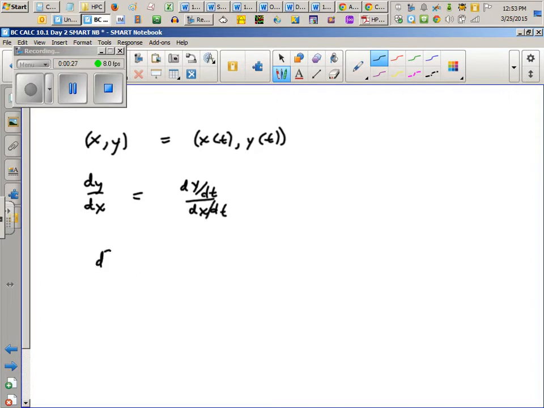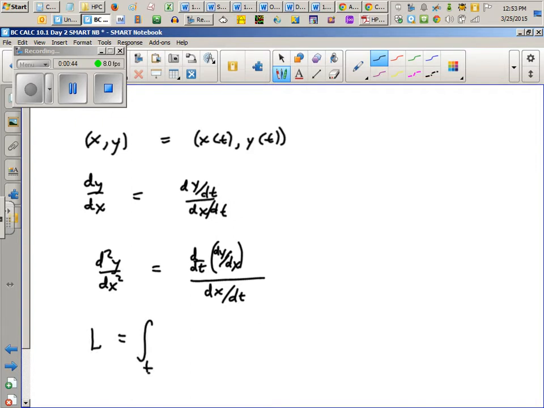And then d squared y over dx squared, which measures concavity, is d/dt of dy/dx over dx/dt. And lastly, the length of a curve in parametric is the integral from t1 to t2 of (dx/dt) quantity squared plus (dy/dt) quantity squared.